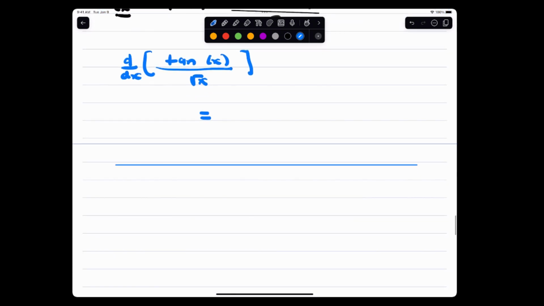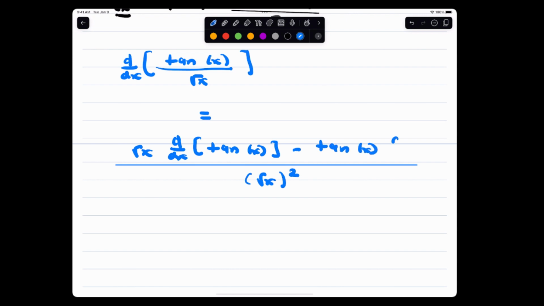Okay, what does quotient rule say? You take that denominator and square it, bring up your denominator, and you differentiate the numerator. Minus, do it backwards now. Take that tangent and then differentiate the square root function.